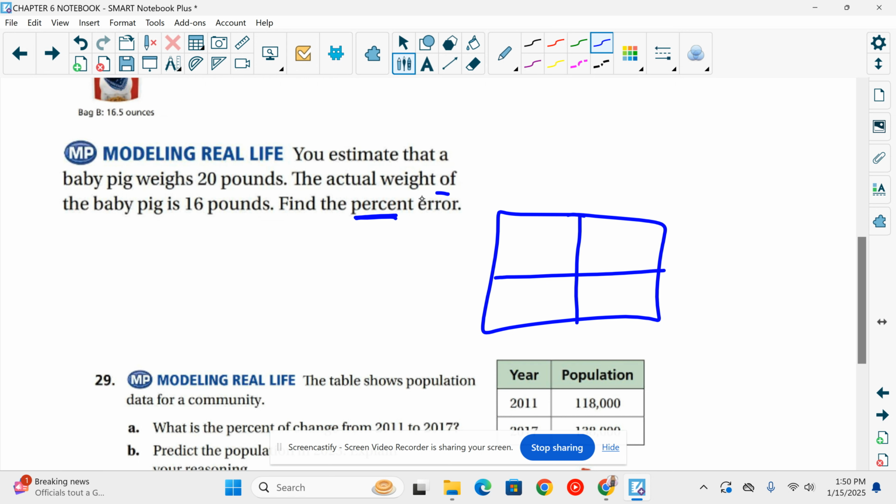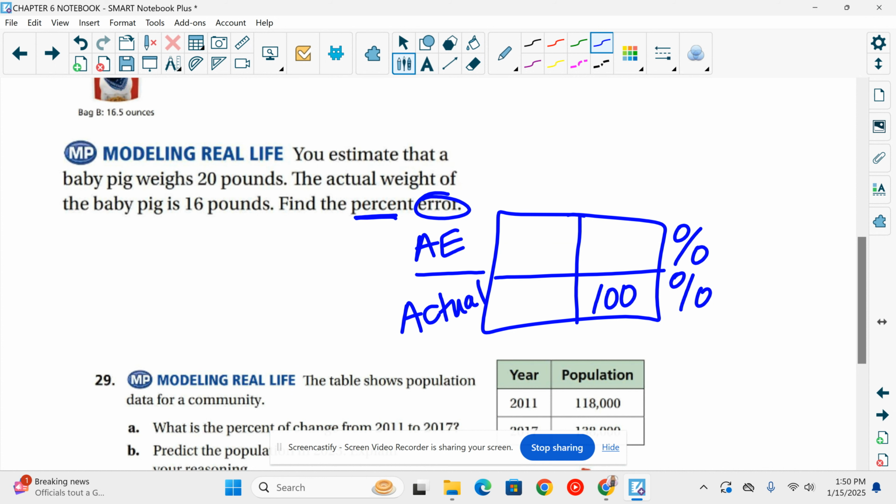Because it says error tells me what kind of percent box I'm going to make. I'm going to make an error percent box. So that means my actual amount goes on the bottom. And the amount, I'm going to call it AE, amount of error goes on top.